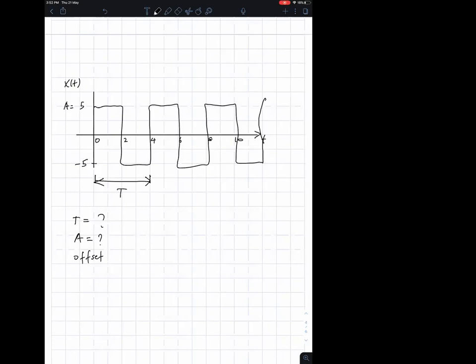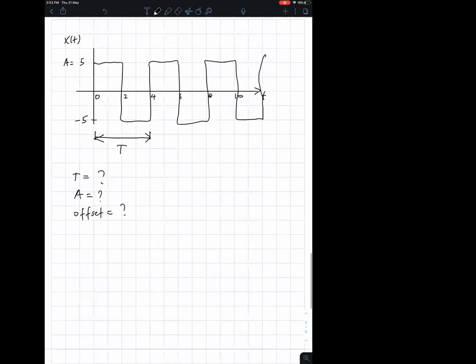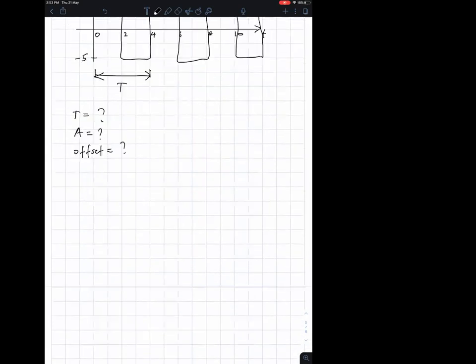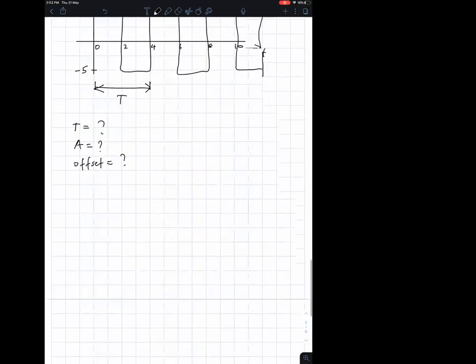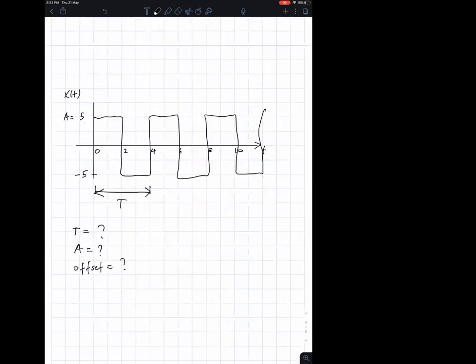Each one of you must have an offset. You cannot have something centered at zero. You go and derive the Fourier series for your own period. No one should have the same period, amplitude, and offset; at least one of them should be different.